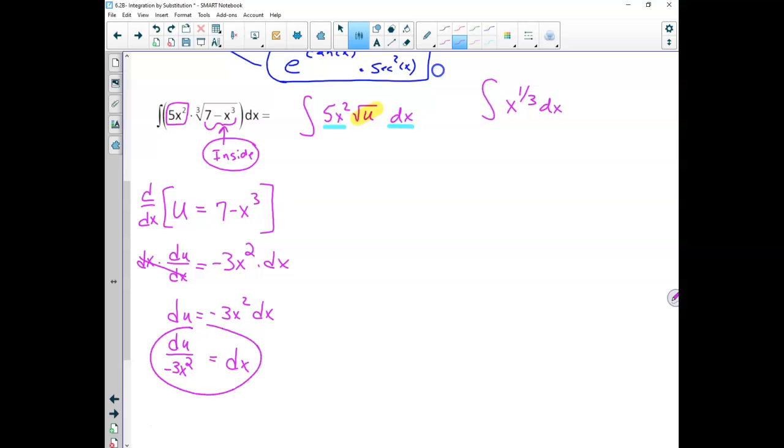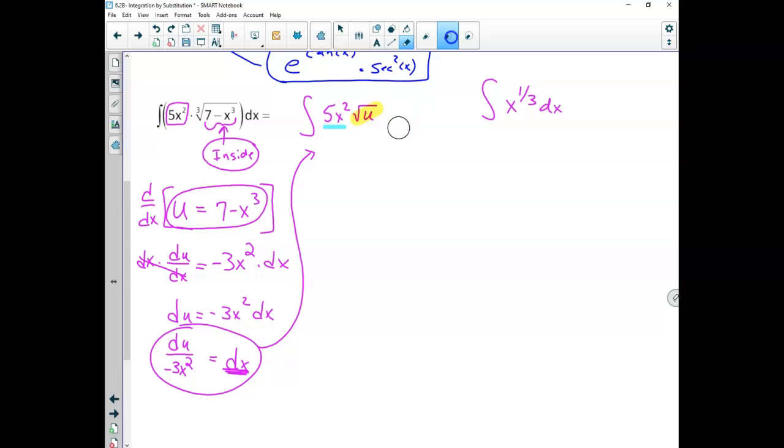I'm going to take this statement and this statement. These are the two I use. I'm going to come right back here, and where I see my dx, I'm going to replace my dx with what I just solved it to be, which is du over negative 3x squared.